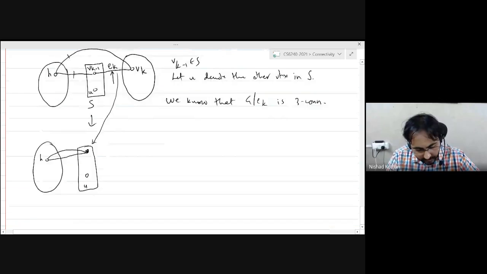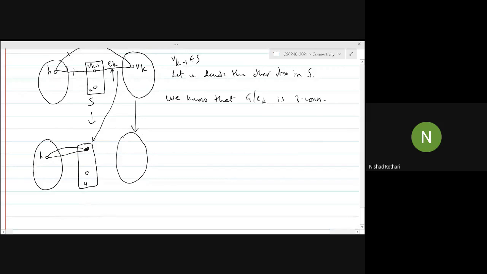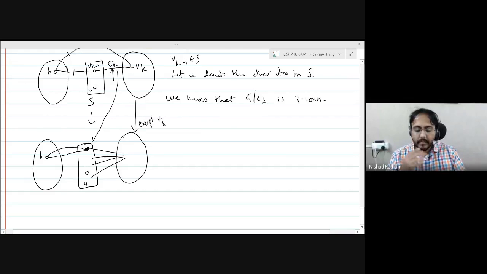And everything here is the same stuff except Vk. All of these vertices will be connected to these 2 vertices. But this is the graph G contract Ek.